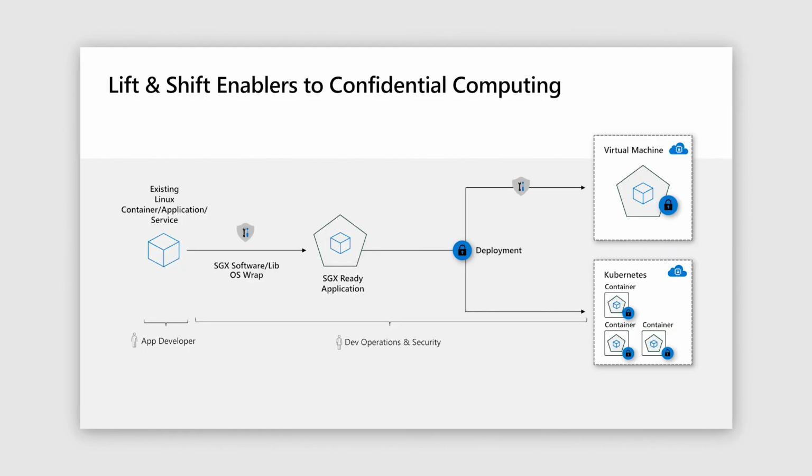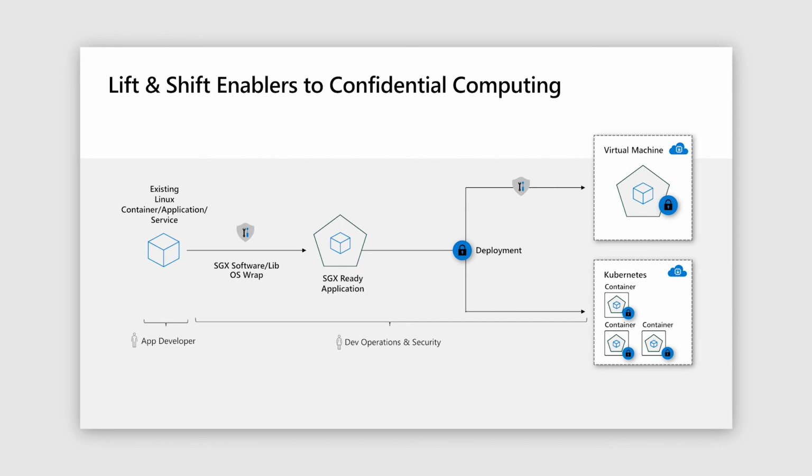So let's take a look at what this means. What we have here now is a platform where you can leverage our ISV partners or open source software and bring your existing workloads, lift and shift them, and make them confidential. We are calling this capability confidential containers, where you're making your existing investments in containers confidential without having to modify your existing app code.